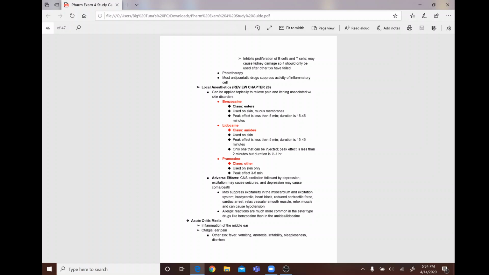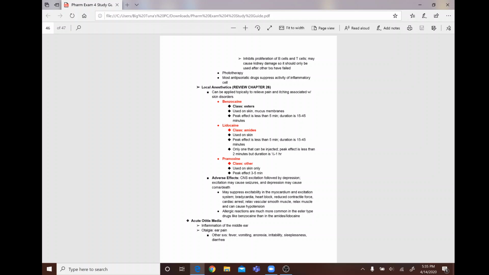What do we use lidocaine on? Skin. What is the peak effect of lidocaine? Less than 5 minutes. What is the duration of lidocaine? 15 to 45 minutes. This one can be injected, so what's the peak effect of injected lidocaine? 2 minutes. What's the duration of injected lidocaine? 30 minutes to an hour.